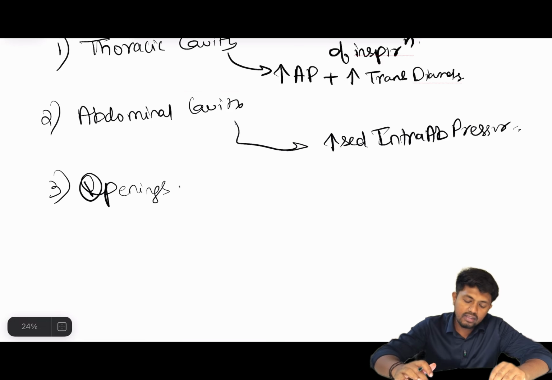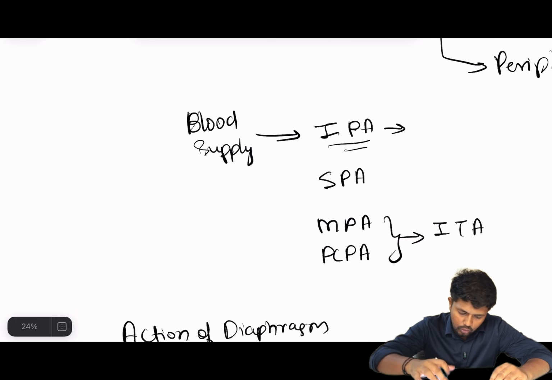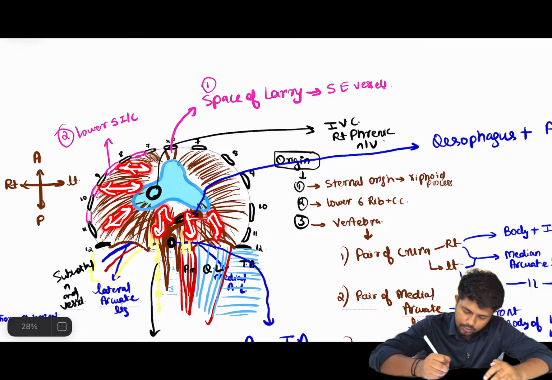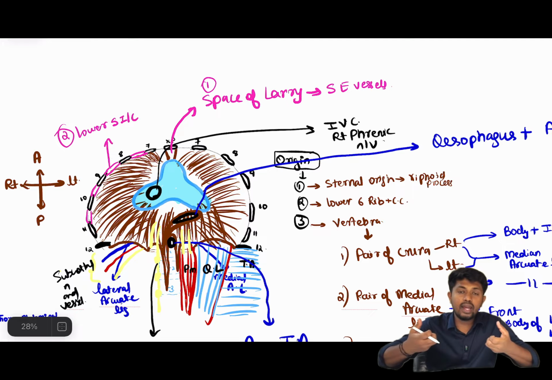Now, the third is the openings. As we know, this is the diagram. When this diaphragm contracts, firstly at the vena cava opening, the central tendon will be relaxed.